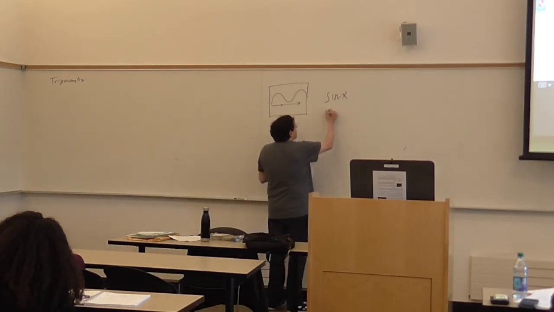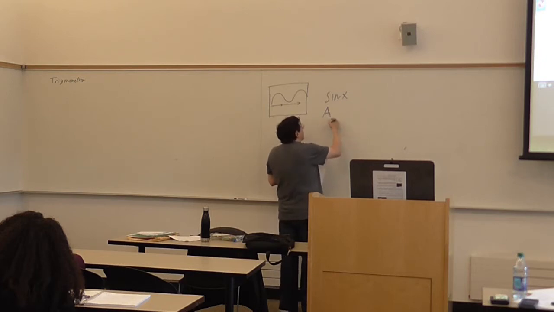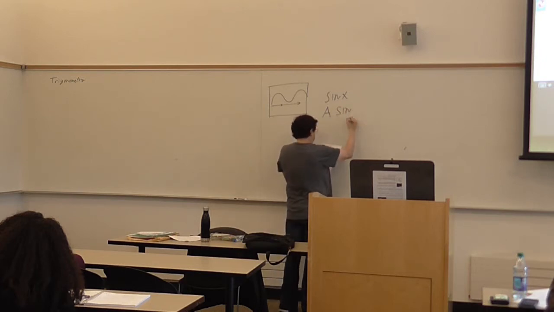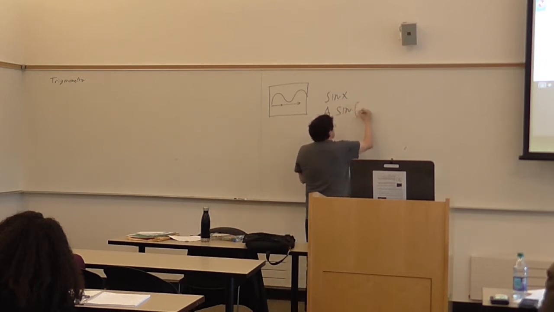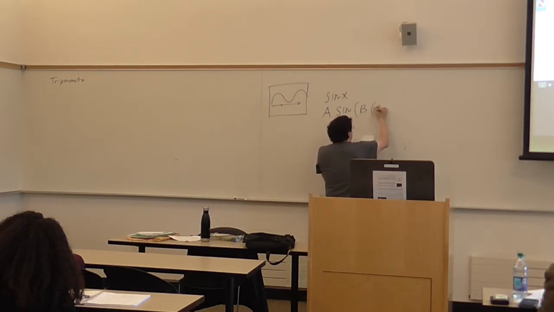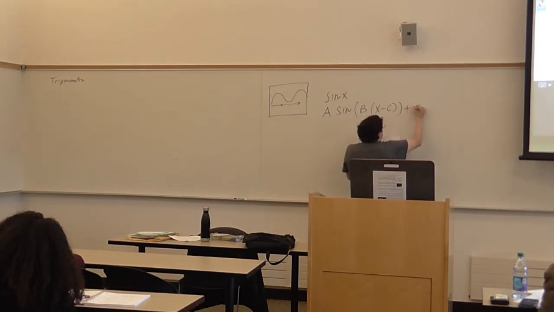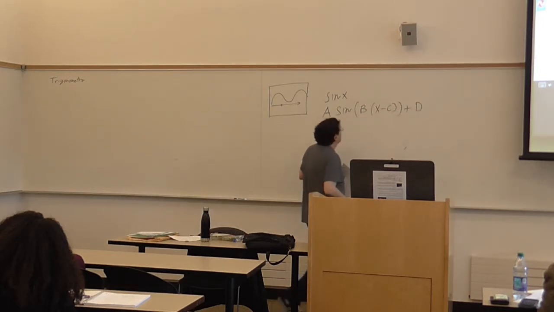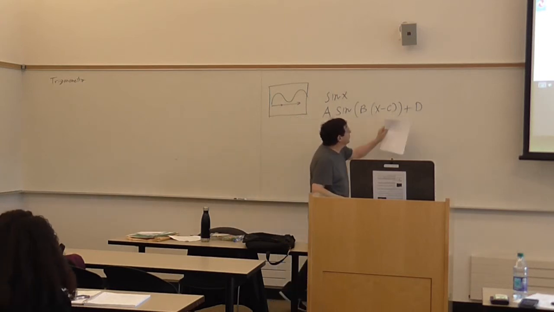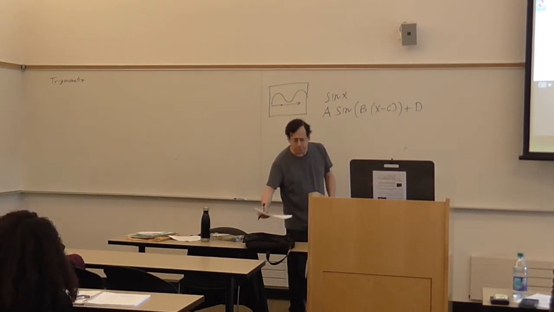What we want to know is, when we're graphing a function, a times the sine of some constant b times x minus some c, plus some d, we want to know what a, b, c, and d do to this graph.